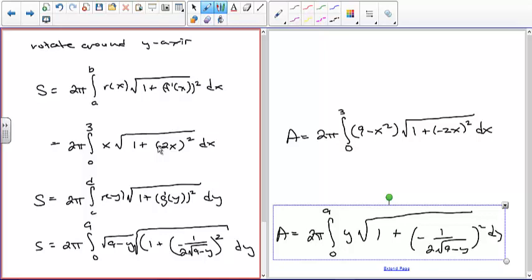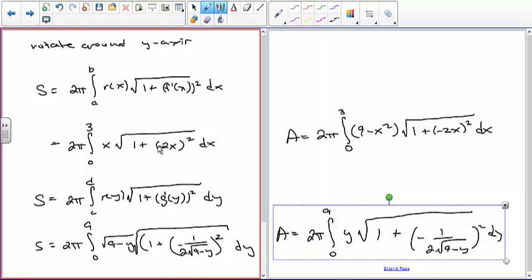So again, what we have different here is, instead of y, we have the square root of 9 minus y. Here we had x, and then we had 9 minus x squared. So it's just different ways of representing the radius. And when you're representing the radius as a function of y, the function inside here has to be the curve represented in terms of y instead of x.